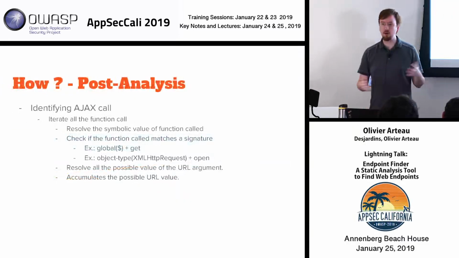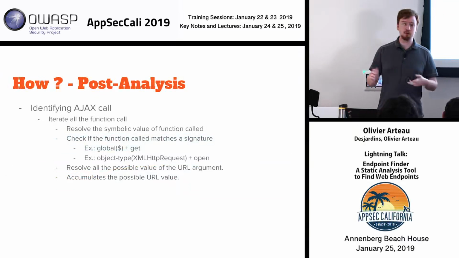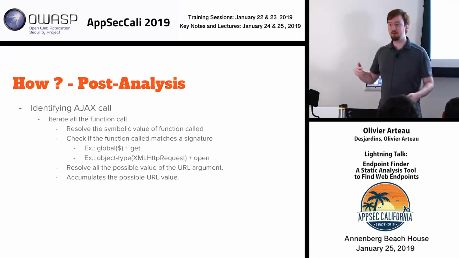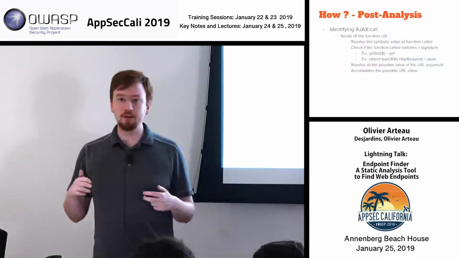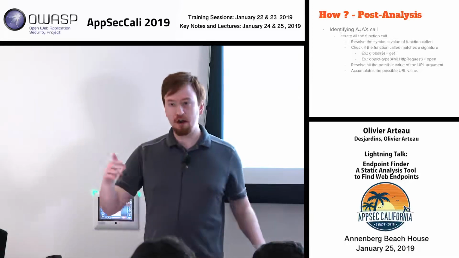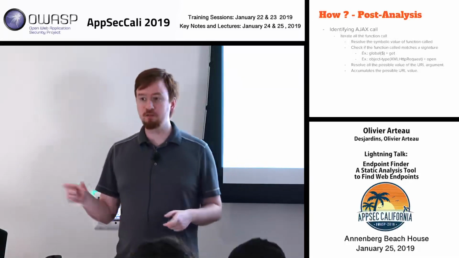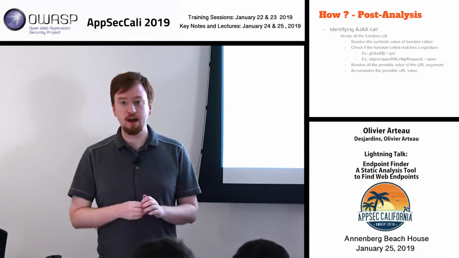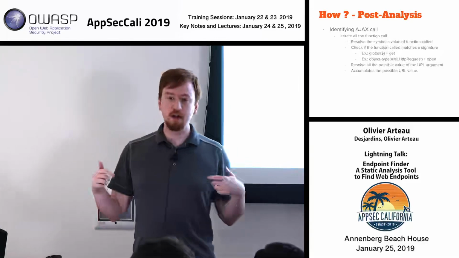So now that we have all this information about both the call graph and some symbolic representation of the code, how do we identify an AJAX call in this? Well, the way the engine works is that it looks at all the function calls that it gathered during this analysis, and it looks for very, very specific signatures of functions that are called.